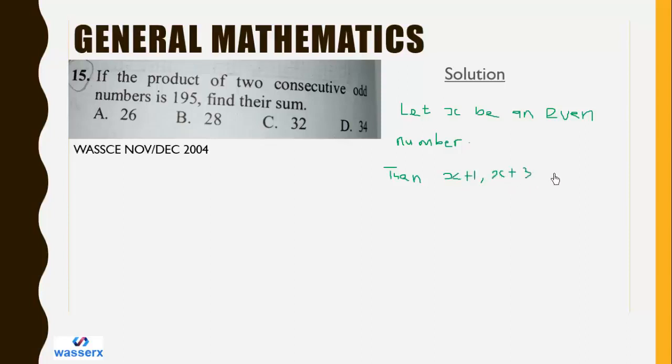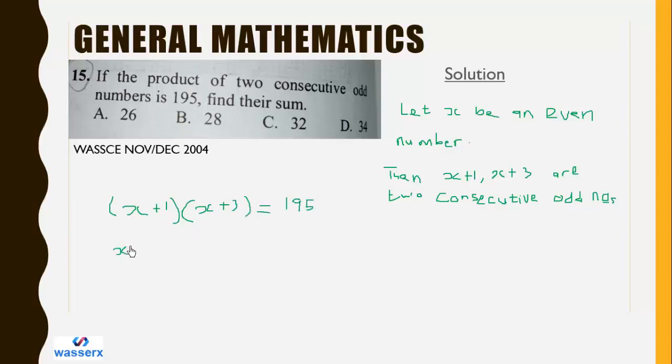So x plus 1 will be odd and x plus 3 will also be odd. And these two odd numbers are consecutive. So the question says their product. So x plus 1 into x plus 3 is equal to 195.